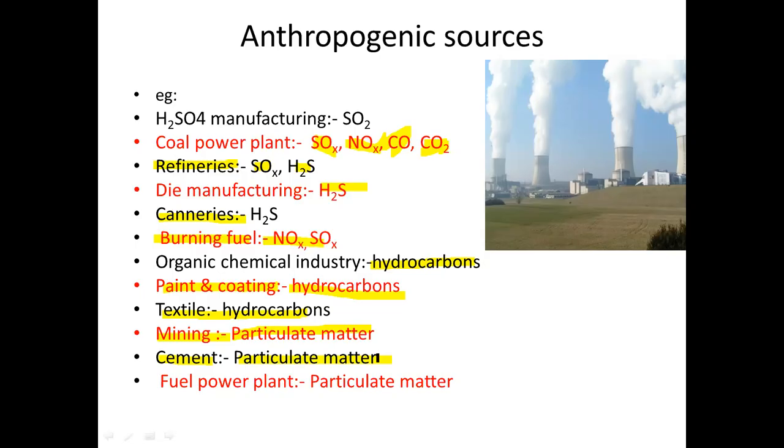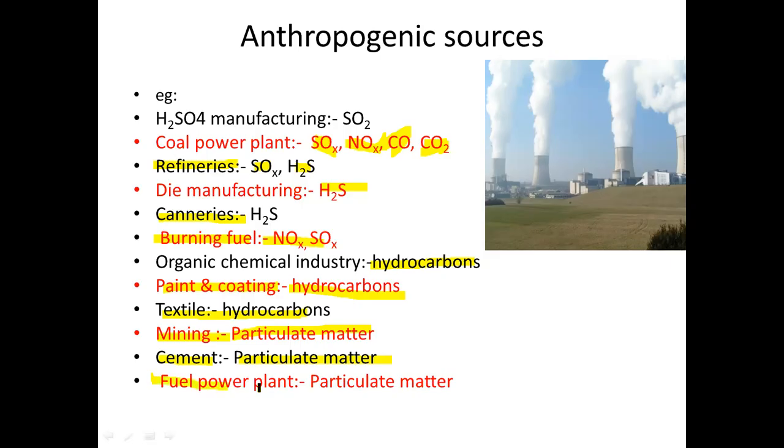Those have to be subjected to a very high temperature. For that they have to use a kiln or furnace, which is run using coal. Then again carbon monoxide and carbon dioxide are emitted from the cement industry.